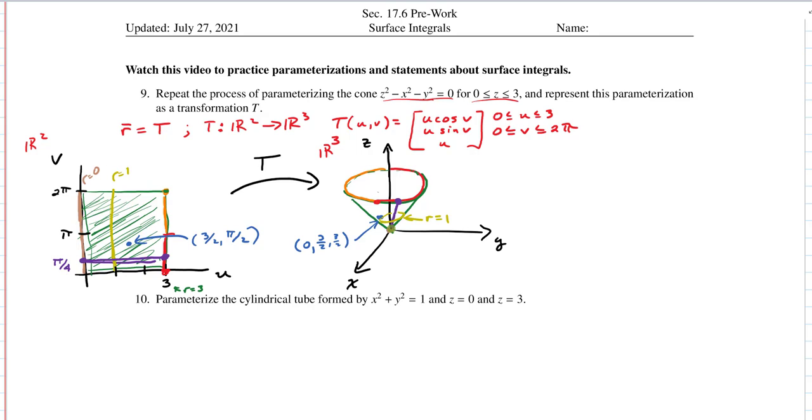So I want to return to what I originally said about thinking about a transformation as morphing space. We're going to take this almost rectangular sheet of green paper and fold it into 3-space according to these rules up here. These are like the origami rules telling us how to mold this piece of paper.